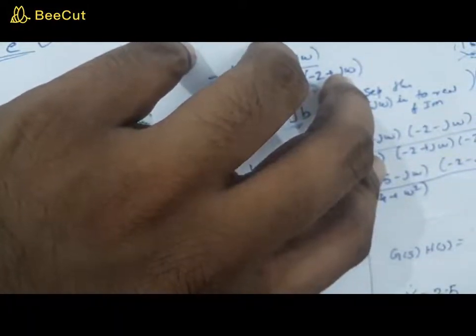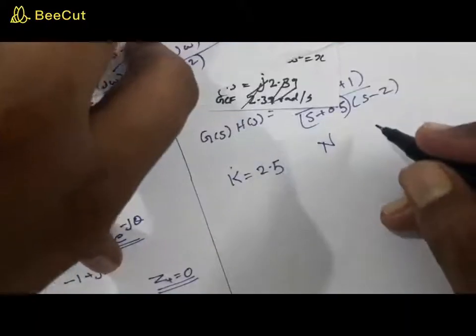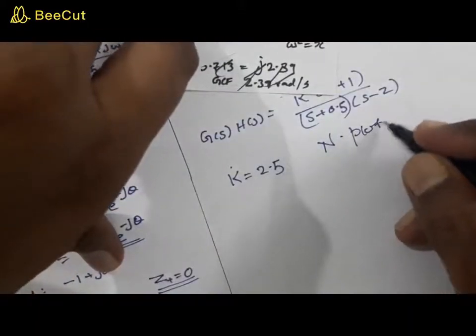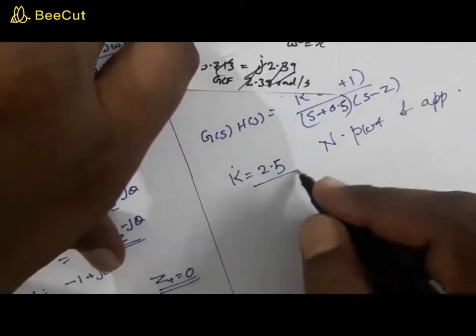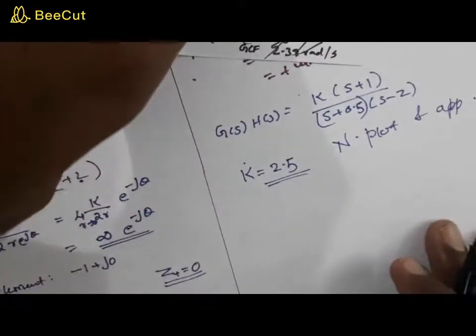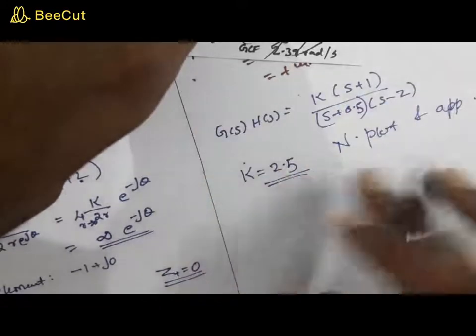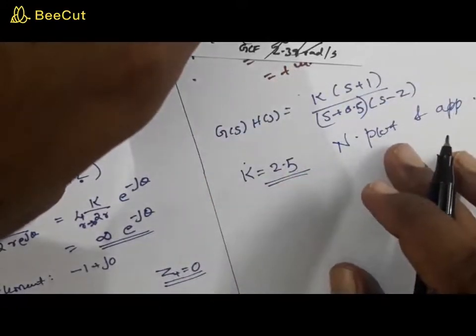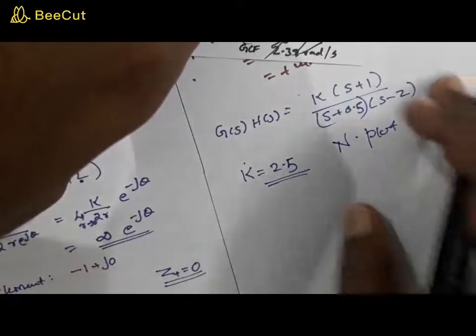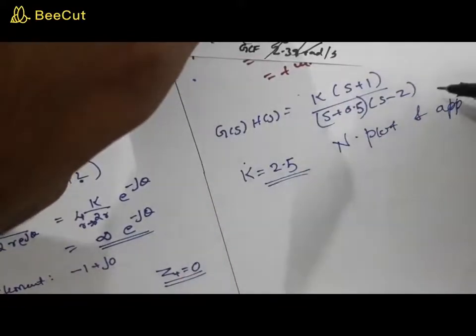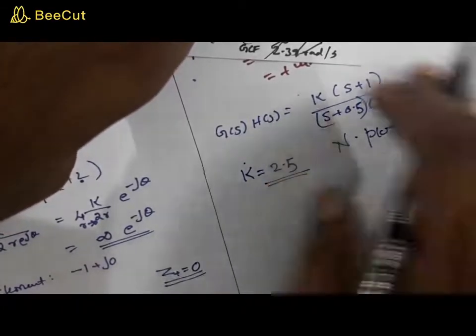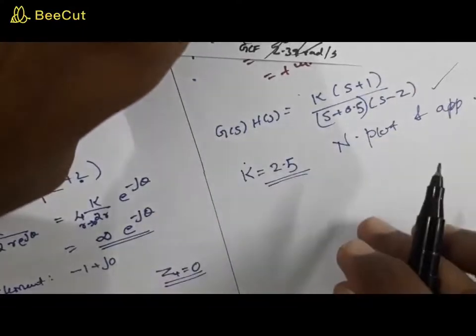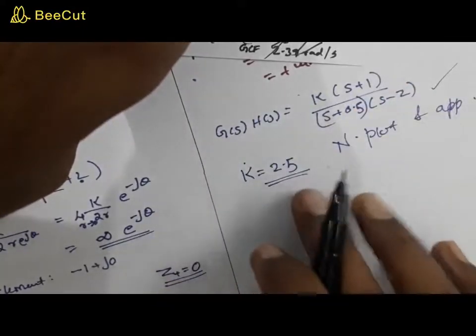Obtain the Nyquist plot, and thereby apply the Nyquist criterion to see whether the system is stable or not. Do this as homework, and tomorrow we will have a Google Meet session where I'll be asking questions regarding this. So make sure that you do this problem today itself.